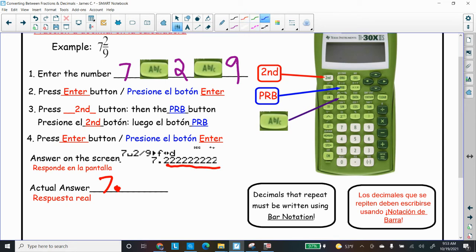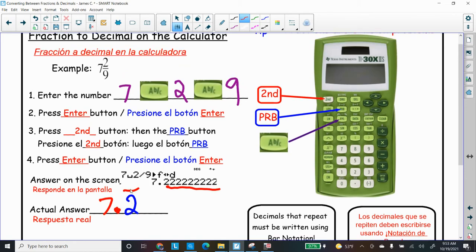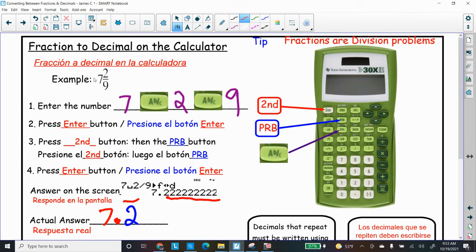So let me write the 2, and I'm going to put a bar on top of it, which means that number repeats often and to infinity. So 7.2, with the line over the 2, means the number 2 is going to be repeating over and over forever. So we just took a fraction or mixed number and translated it into a decimal using the calculator.